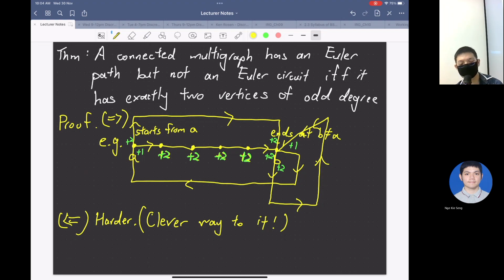So if it has exactly 2 vertices of odd degree and the rest are even, how are you going to build this Euler path? The hint is to use the previous theorem, the Euler circuit one: if every vertex has even degree, then you can build an Euler circuit.